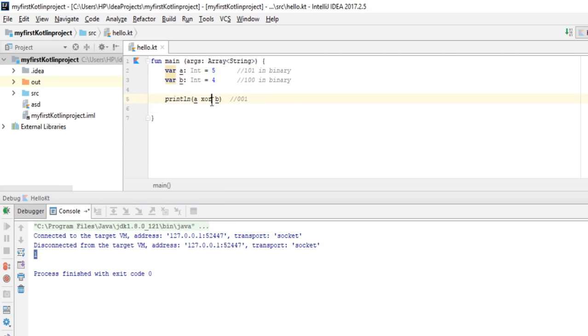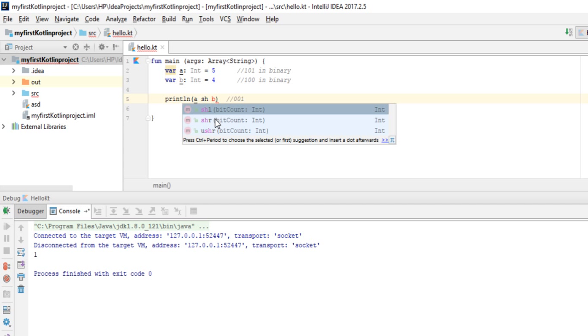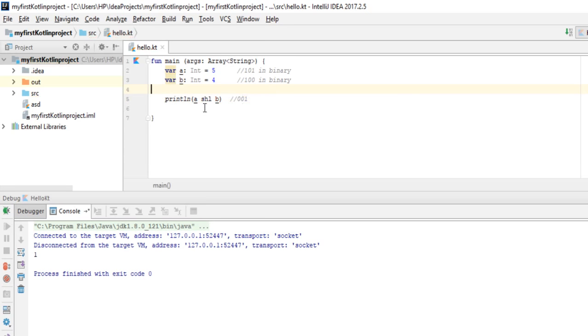Now we have the shifting bitwise operators. These shifting operators are used to shift bits to either the left side or the right side by a specified number of bits, and this number is given by the user. For example, let's talk about the left shift. For using this left shift you have to use shl.